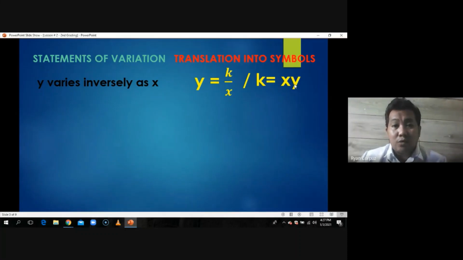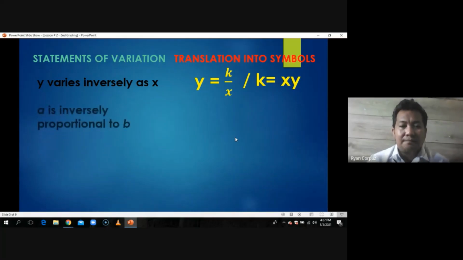Mas awkward tingnan kapag yx. So let us just make it right, na mas mauna pa rin dapat kung ano ang mauna sa English alphabet. So again, when we translate it in terms of k, you just have to get the product of the two variables involved. So that's how we translate statements of variation involving inverse variation into symbols.